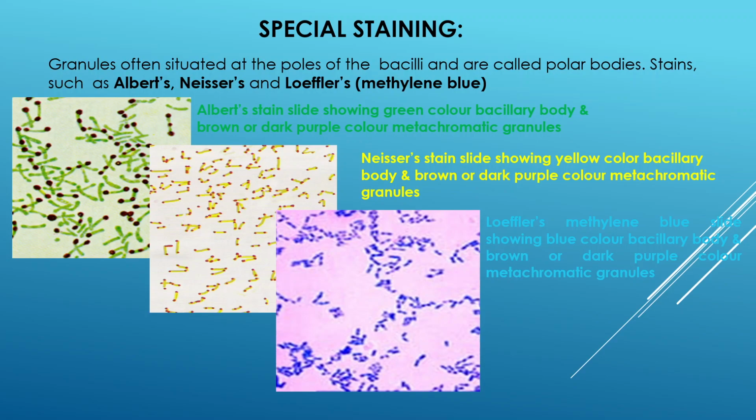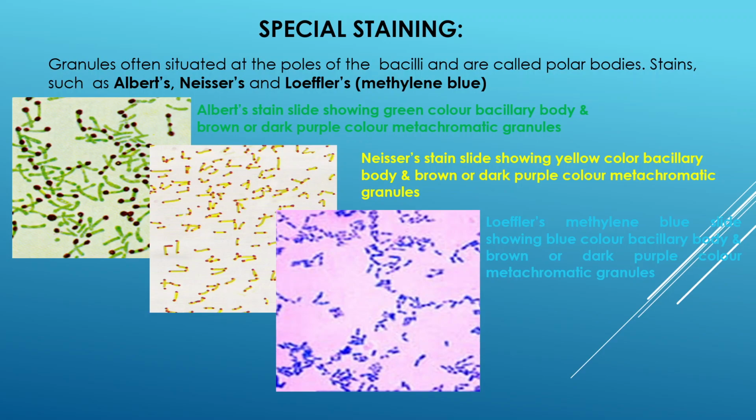For microscopic examination, we use the Gram staining technique. It's a gram-positive microorganism. For staining Corynebacterium diphtheriae, we use specific staining techniques because Corynebacteria include granules: Albert-Neisser staining and Loeffler's method.